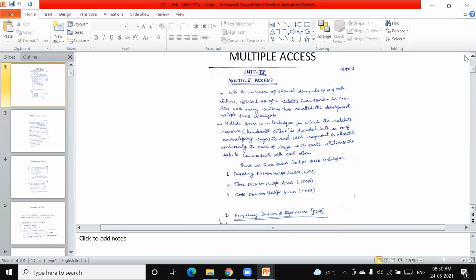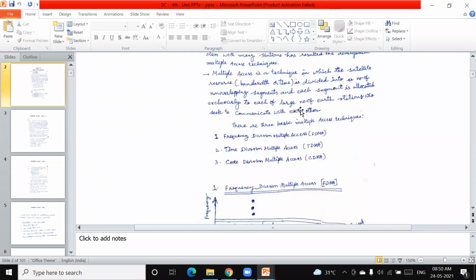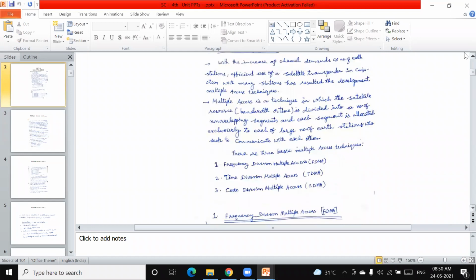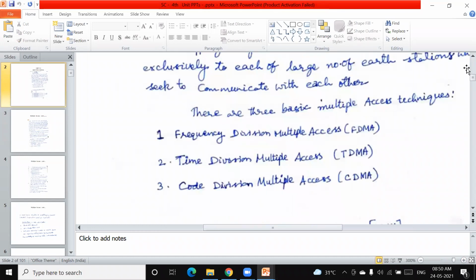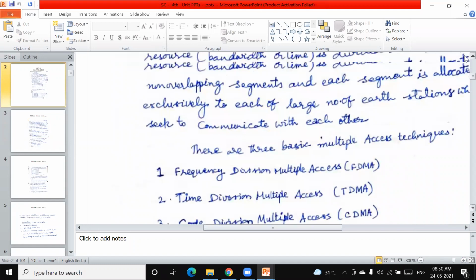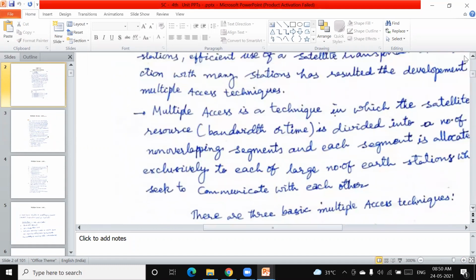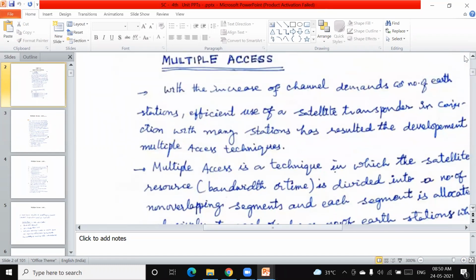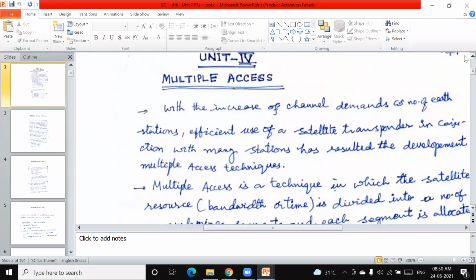This unit is going to cover CO1 and CO2. In this class I am just going to give the introduction of this unit, and we will see each topic in detail one by one from tomorrow onwards.